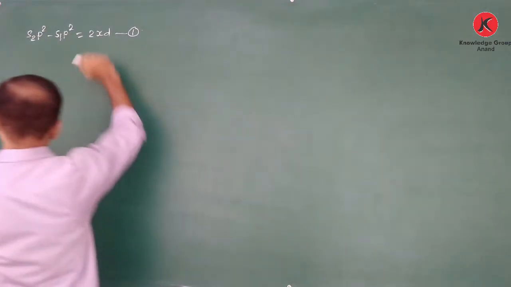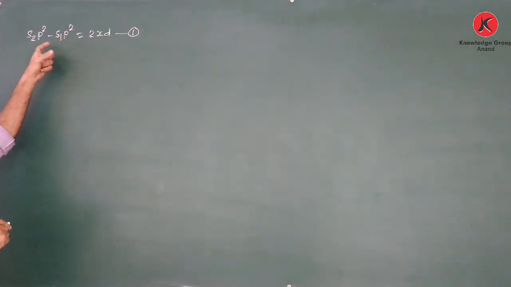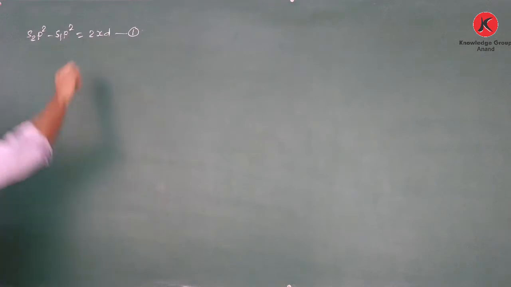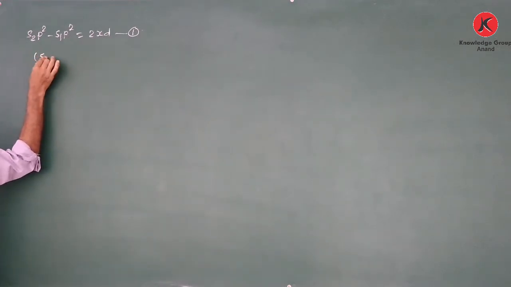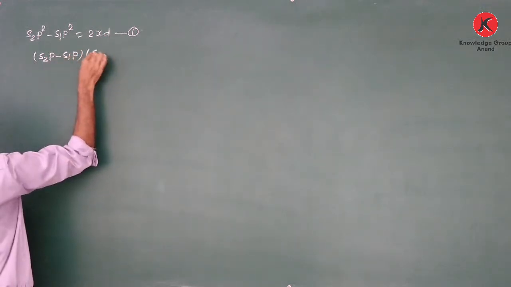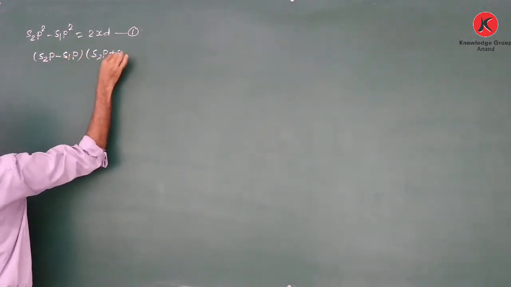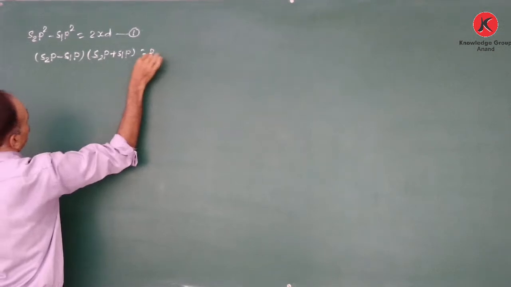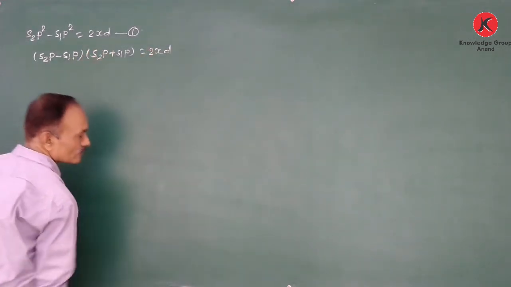Now we simplify this equation like x square minus y square is equal to x plus y times x minus y. Therefore, S2P minus S1P into bracket S2P plus S1P is equal to 2XD.